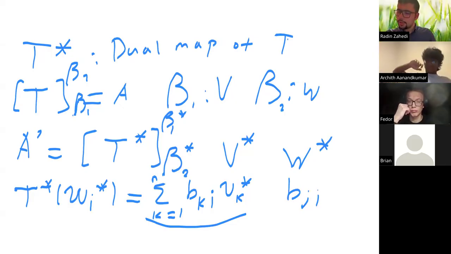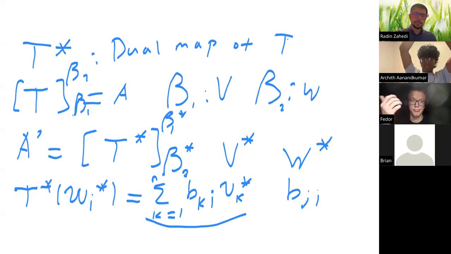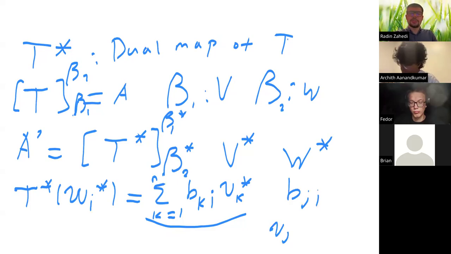So again, I can just plug in Vj on both sides, because we have seen before that if I apply this linear functional on Vj, then all Vk stars would be 0 and Bji, the desired coefficient, would just come out.